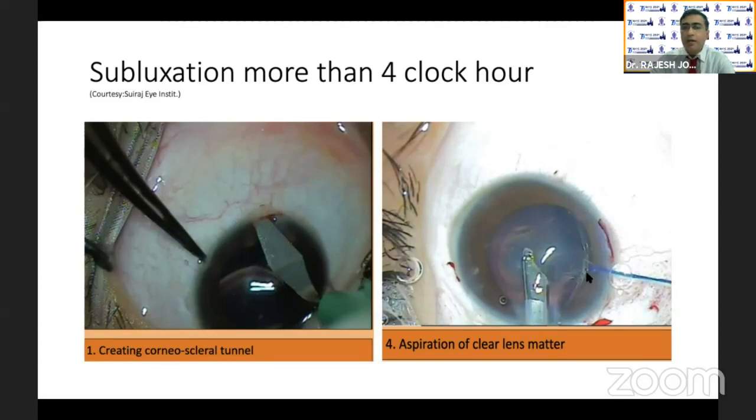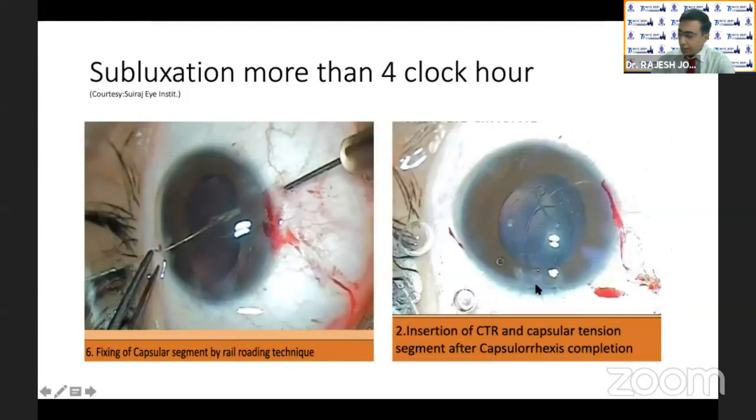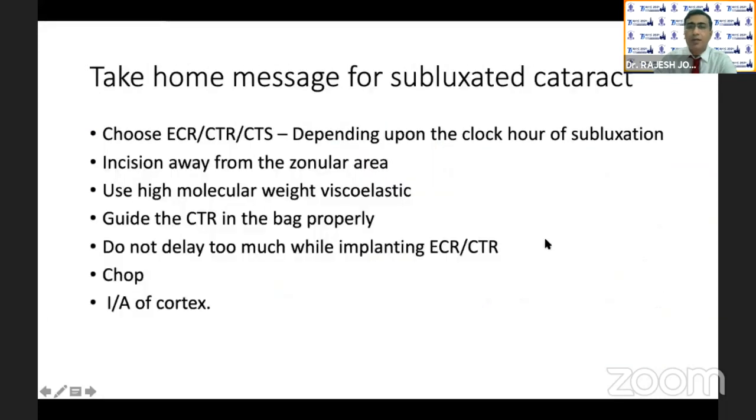Support the bag with the help of iris hooks or capsular hooks, and then aspirate the cortex with the help of the IA probe or Simcoe's cannula, and railroad the capsular tension ring or modified capsular ring inside the bag by hooking with the help of 9-0 or 10-0 Prolene. 9-0 Prolene is preferred over 10-0 Prolene, and fix the ring into the sclera. This is how you can fix the ring and then place the intraocular lens inside the bag.